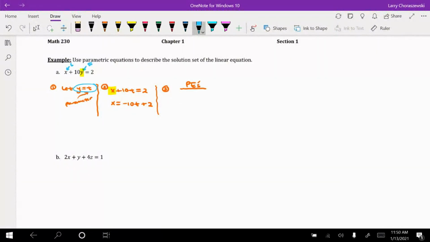One parametric equation is created as soon as we've defined a parameter for a variable, y equals t, right? It's kind of like y equals x, that's an equation. Since t is a variable, y equals t is an equation. We also have this one where it's x equals -10t plus 2. So our parametric equations are x equals -10t plus 2, and y equals t.